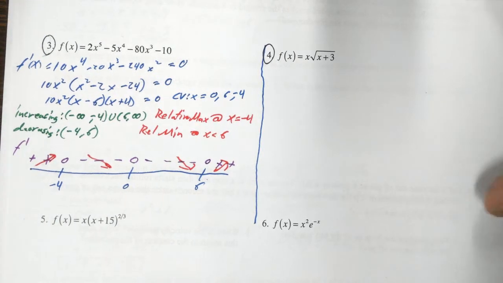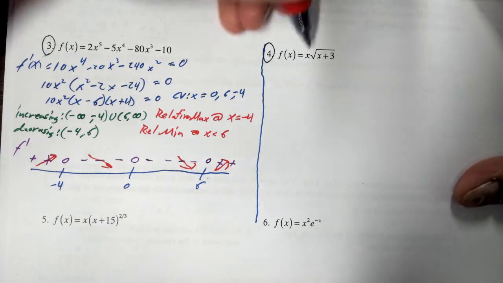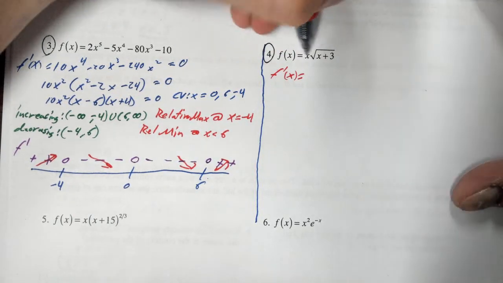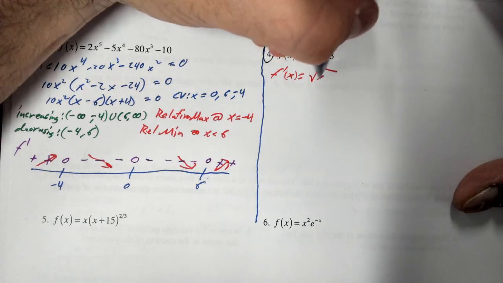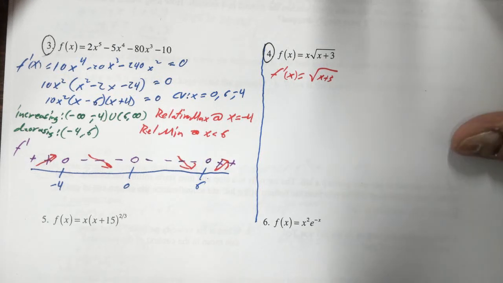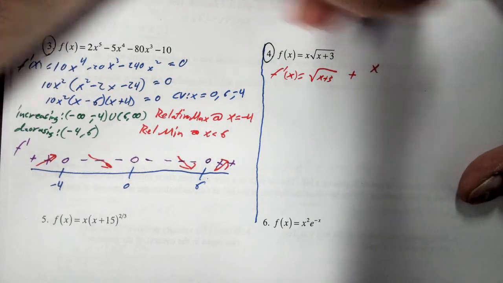Okay, number 4. On number 4, we have to do a product rule. F prime of x: the derivative of the first is 1, times that square root, so square root of x plus 3, plus x times the derivative of this.